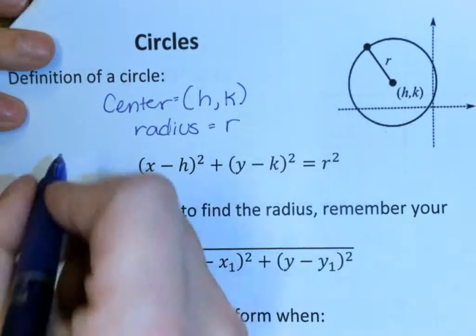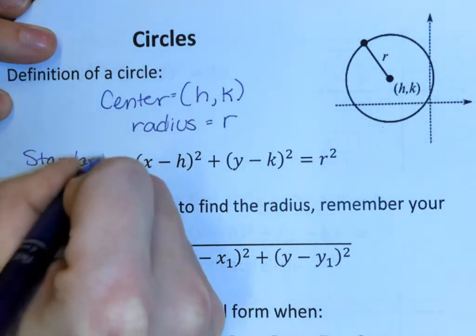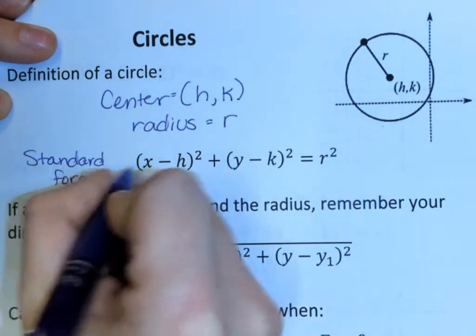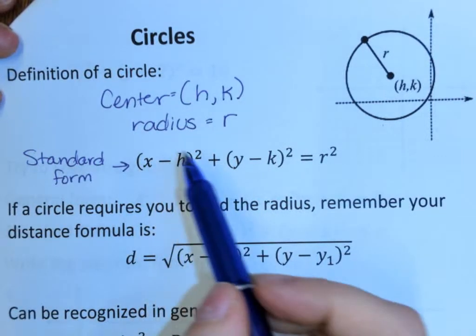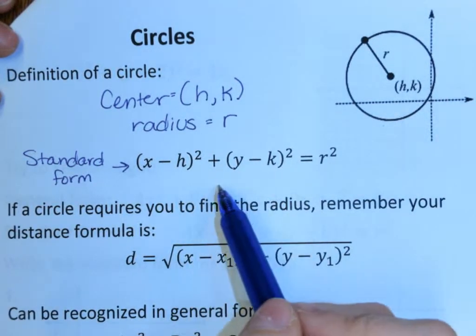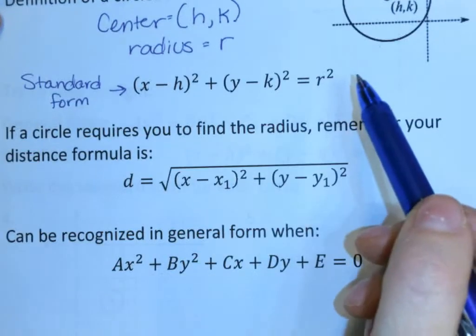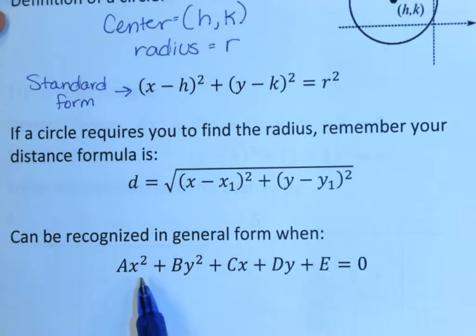Okay? This is called the standard form. This guy is super, super nice because you can see just by looking at it where your center is and what your radius is. Now, we also have this guy.